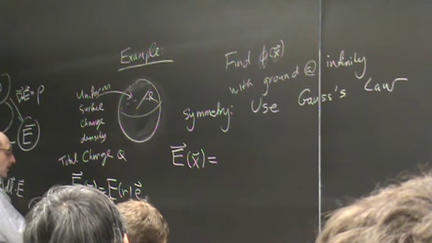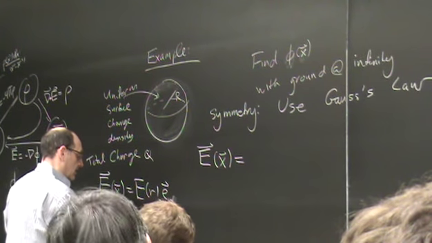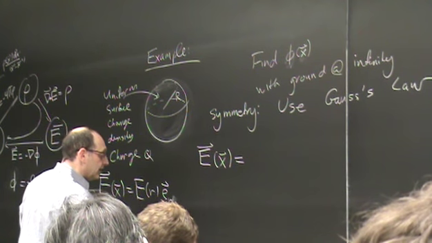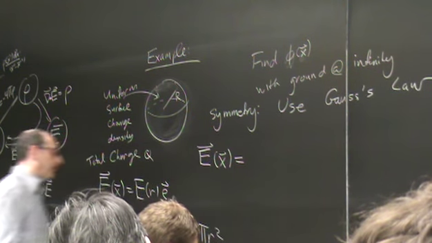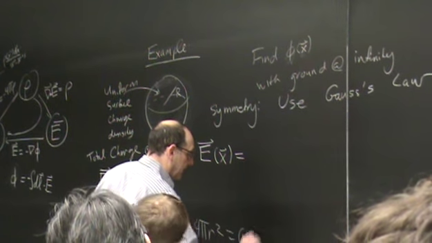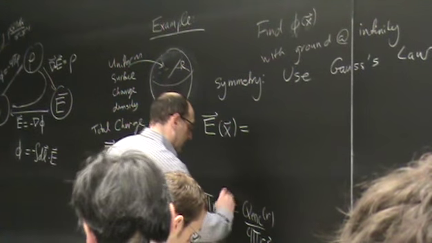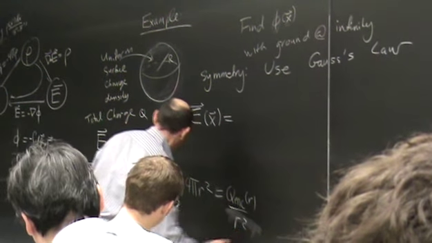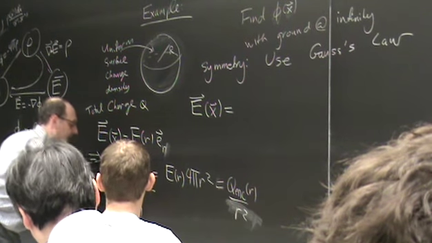And of course, from that we know that the surface integral is the electric field times the surface area at that radius, 4 pi r squared, and that equals 4 pi times the enclosed charge at that radius, right?